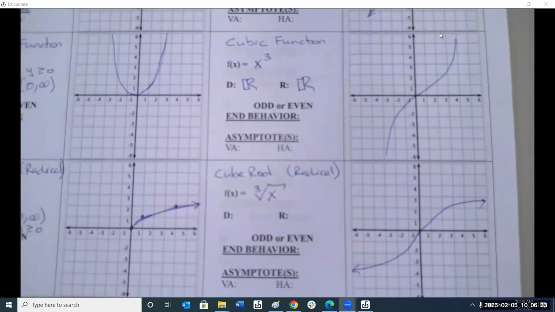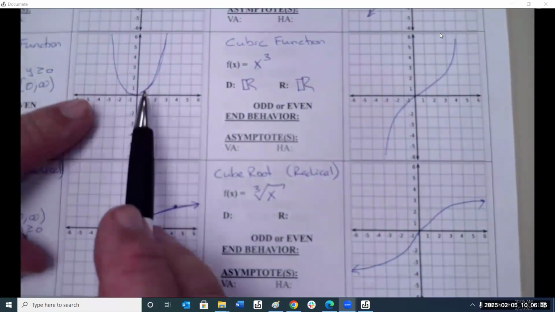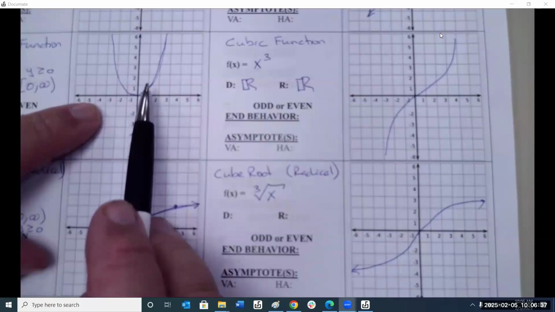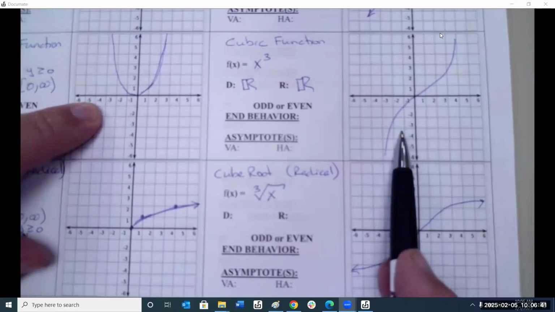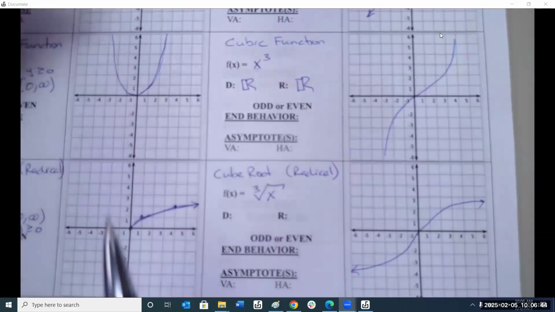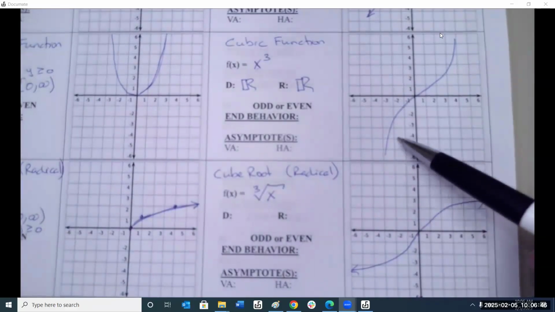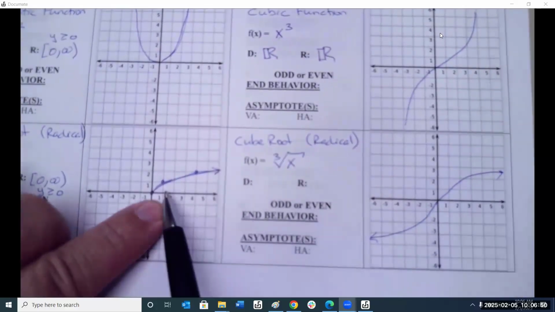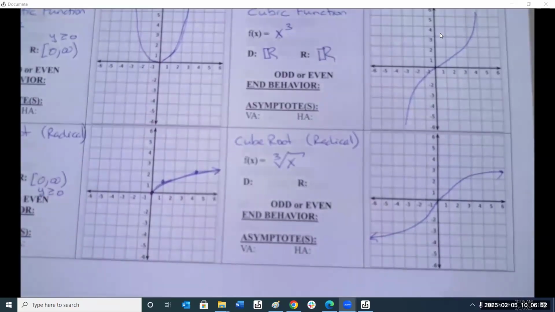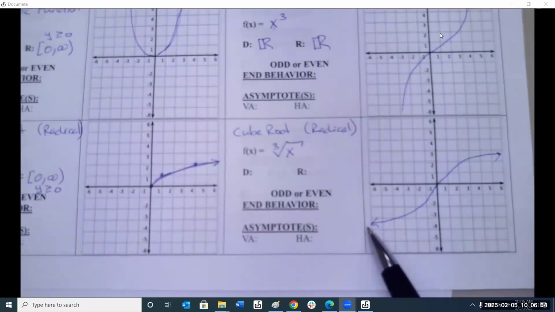Let's look at the last 4 we did. Here's x squared. The difference between x squared and x cubed is that with x cubed, I can have negative numbers. So I'm taking this side and just flipping it over. They both have this part the same pretty much, except now I could put negative numbers.